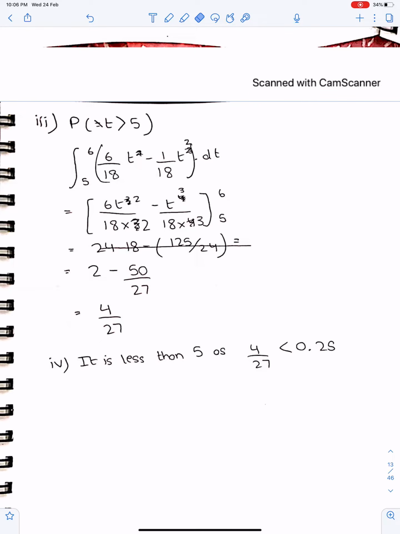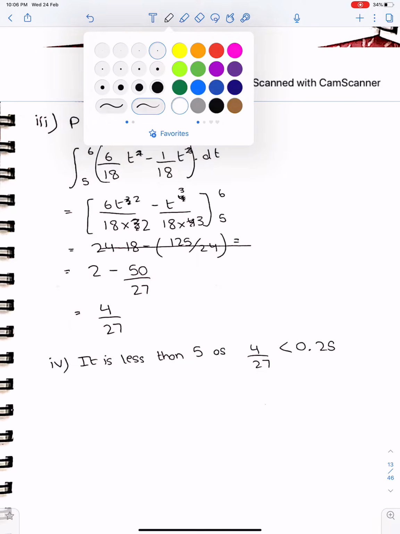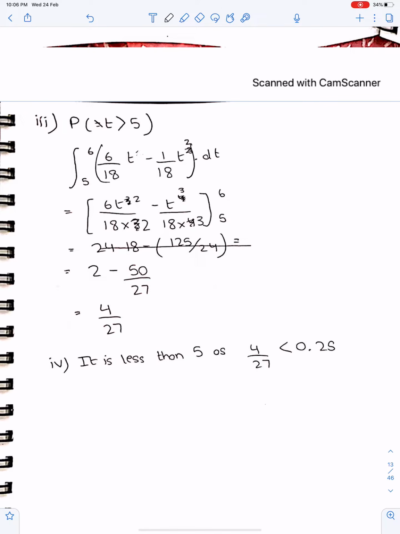Let me first edit this. I told you this student did the assignment in a rush on my request, so she couldn't edit these things.